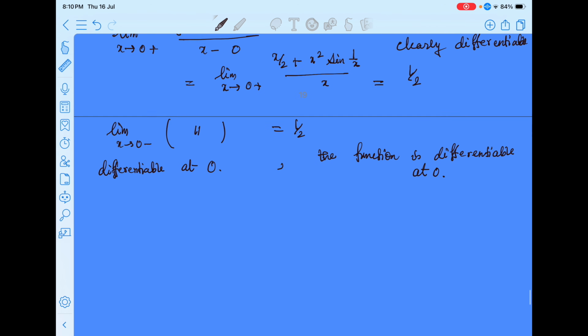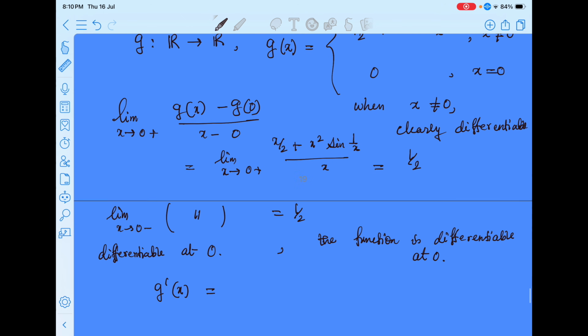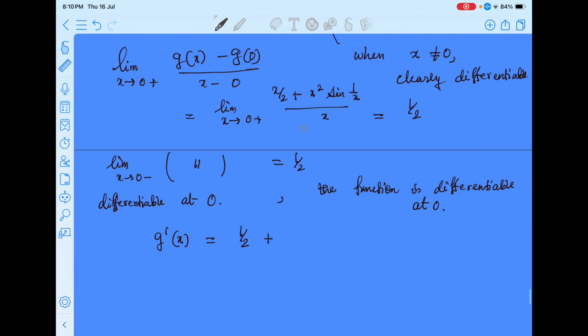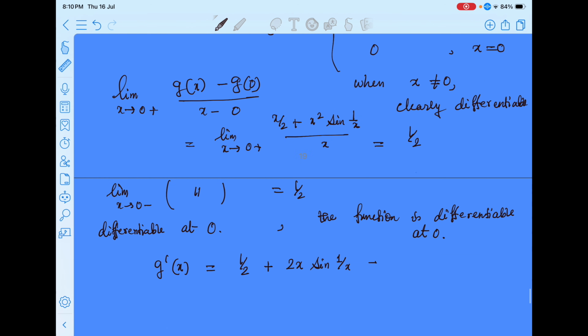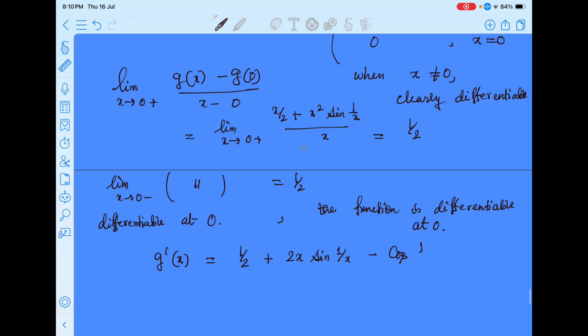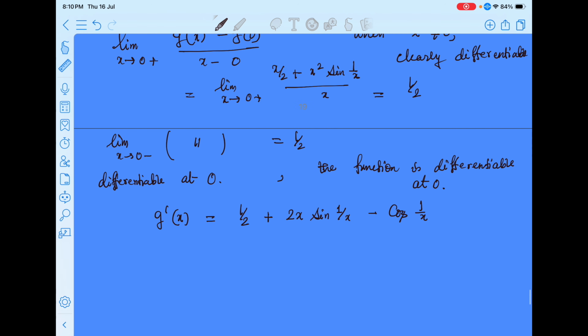Now let us compute g prime of x for non-zero x. By the definition, it is half plus 2x sine 1 by x minus cos 1 by x. So this is g prime of x for x not equal to 0, and equal to half when x equals 0.